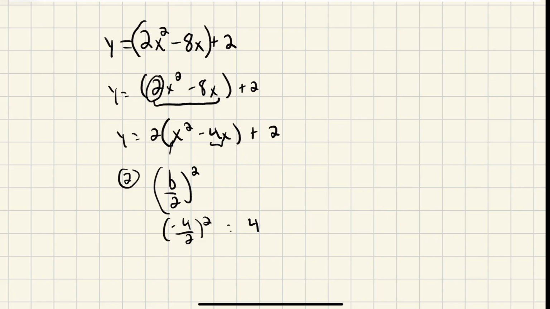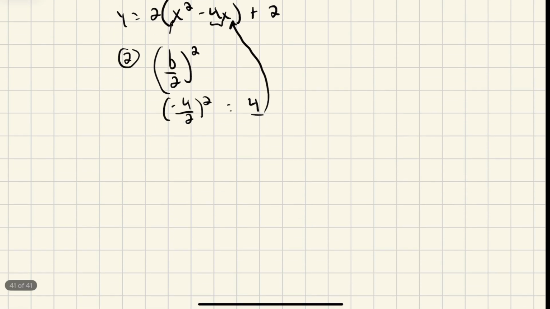And so what we're going to do now is insert this term right inside this bracket. So we're going to go y equals 2x squared minus 4x, and then plus 4, and then plus 2.